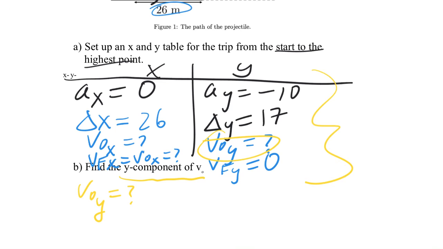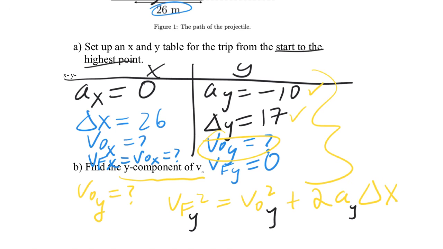So give me an equation with VOY, VFY, delta Y, and AY. Look at your equation sheet. What would that be? I looked, and it's going to be VF squared equals VO squared plus 2 acceleration delta X. But since we're doing Y values, let's put delta Y instead.